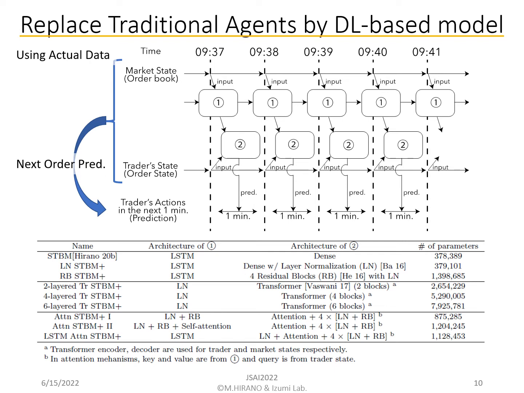In this prediction, using the market state and traders' ordering state, they make the next order prediction for each trader. Through these prediction tasks, the DL-based model can predict the future actions of each trader, and using the model, we can run the simulation.